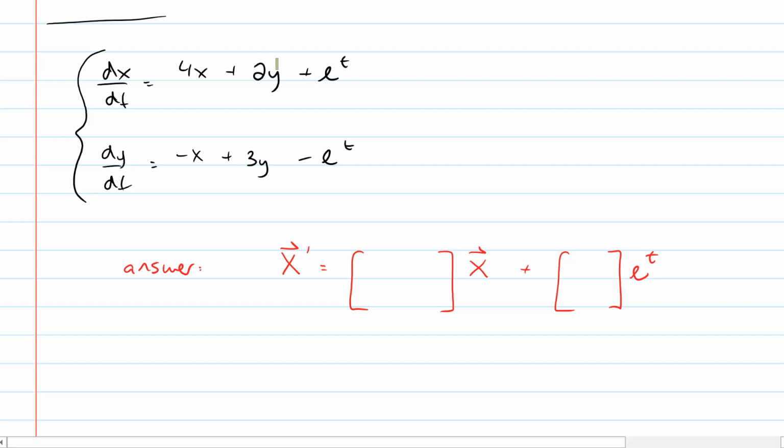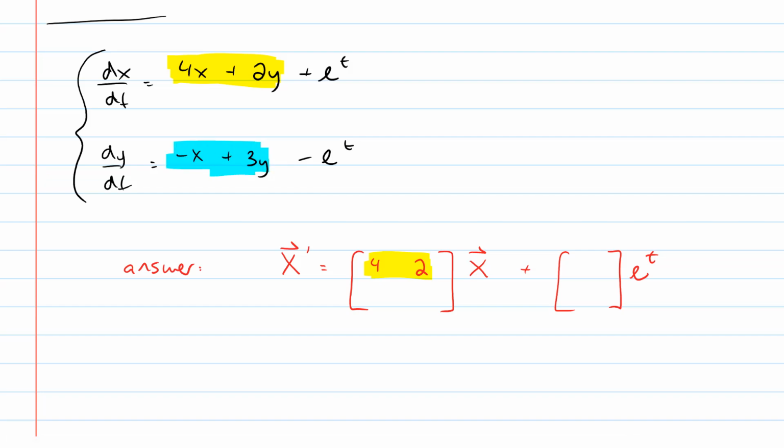So I'm going to first look at these entries here, the right-hand side, the 4x plus 2y. That'll give me the first row of my matrix. So I'm going to have 4 and 2 there. I'm then going to look at negative x plus 3y in order to give me negative 1 and 3.